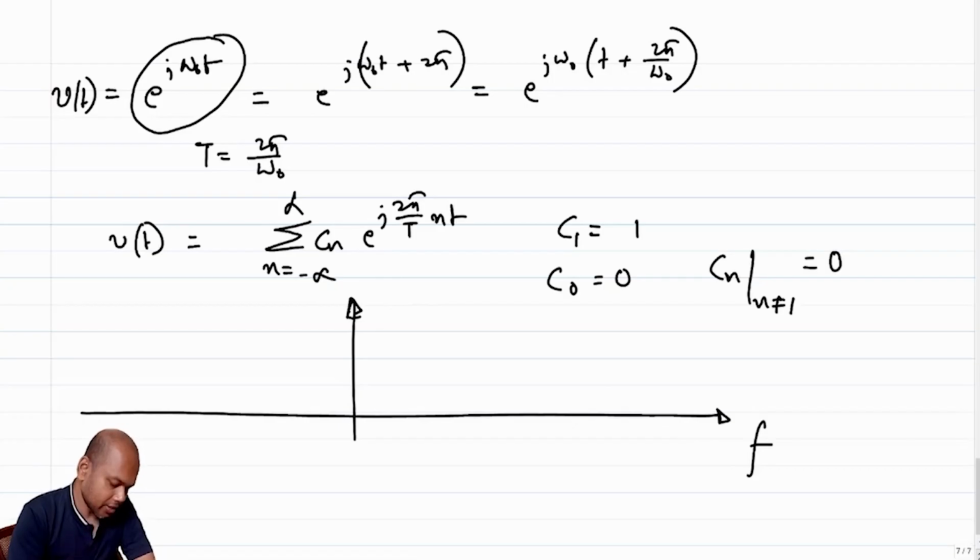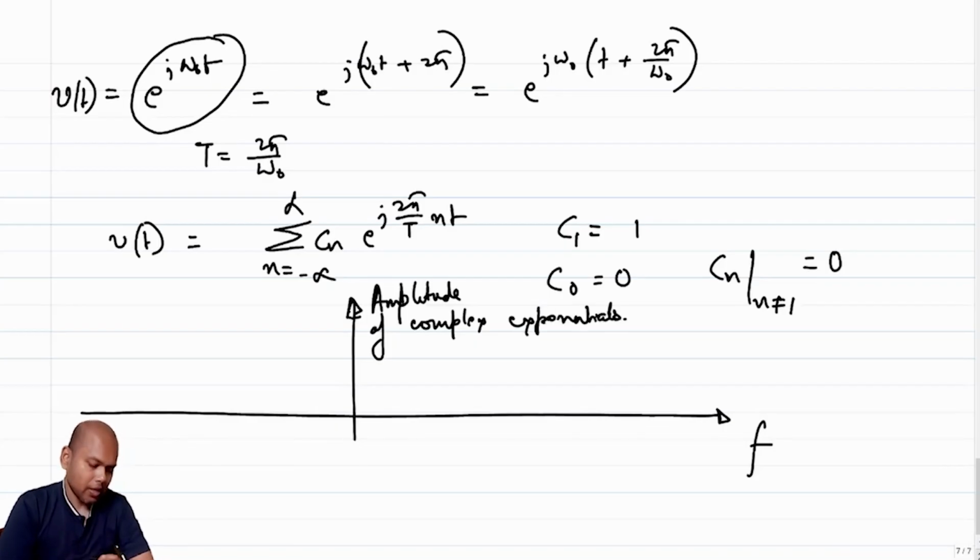Here, when I say strength, I am saying the amplitude of the complex exponential. If I do it with respect to omega instead of f, where f and omega are essentially related by a scaling factor, what do I see? At omega equal to 0, what do I have?